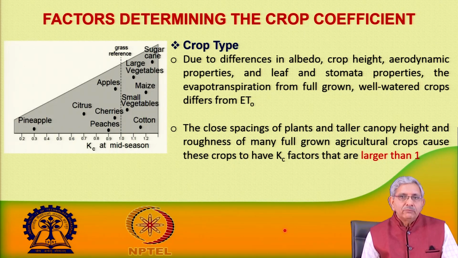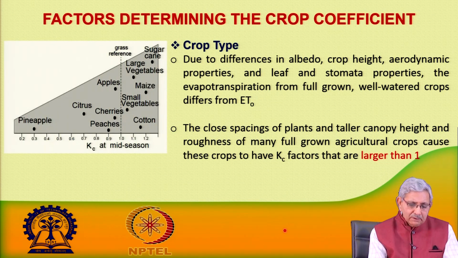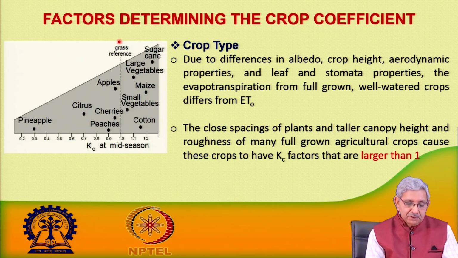Now, the factors which influence the crop coefficient. Here we can see Kc at the mid season stage, and the crops, like pineapple, peaches, cotton, and some grass reference, which means this is a reference crop as a grass.